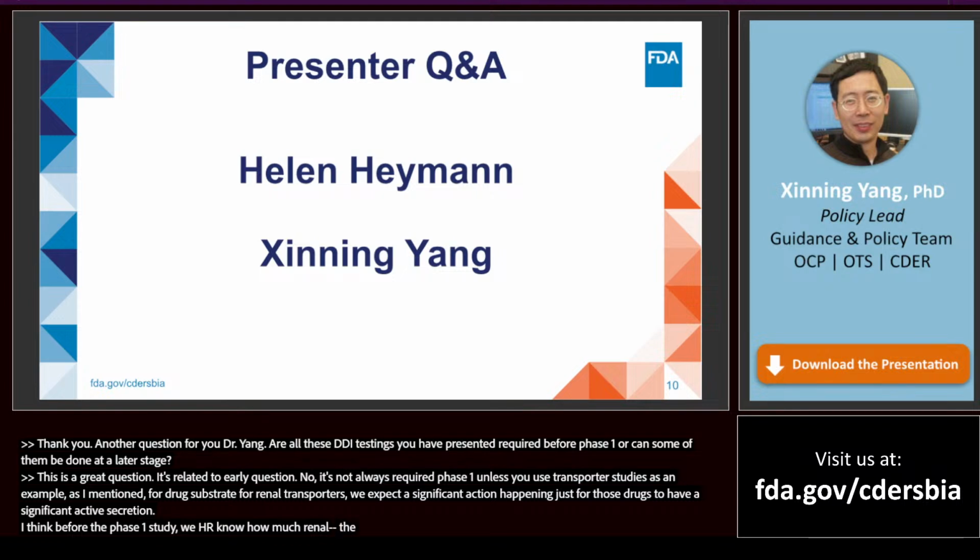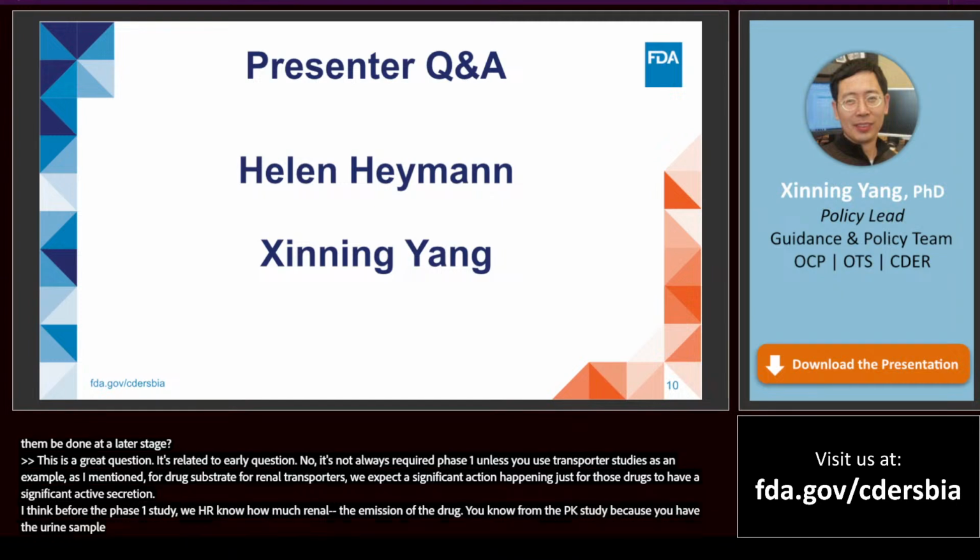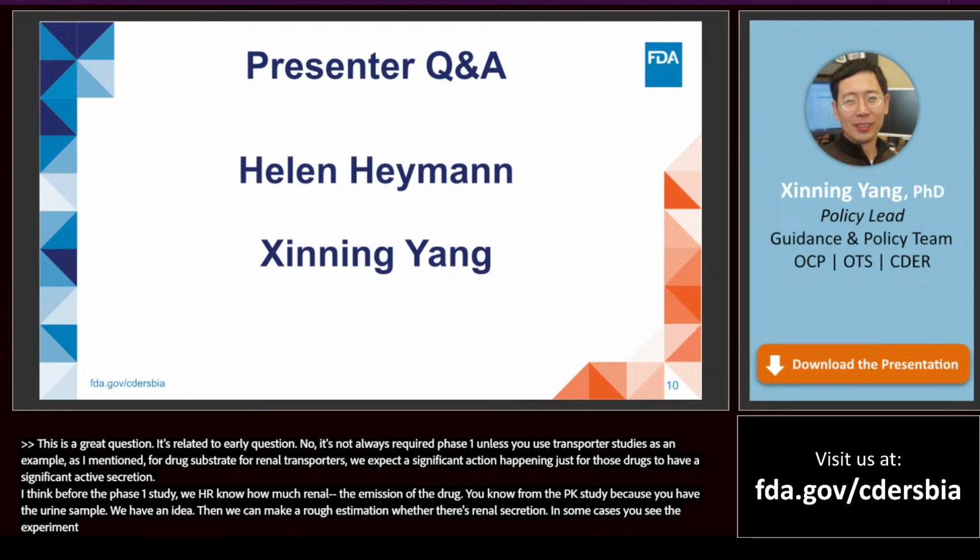So usually from the early PK study, we collect urine samples, so we will have a rough idea about whether there's a significant renal elimination. Then we can make a rough estimation on whether there's a substantial renal active secretion. So in such a case, you can see that the in vitro experiment testing a drug as a substrate of renal transporters doesn't necessarily need to be done before phase 1.